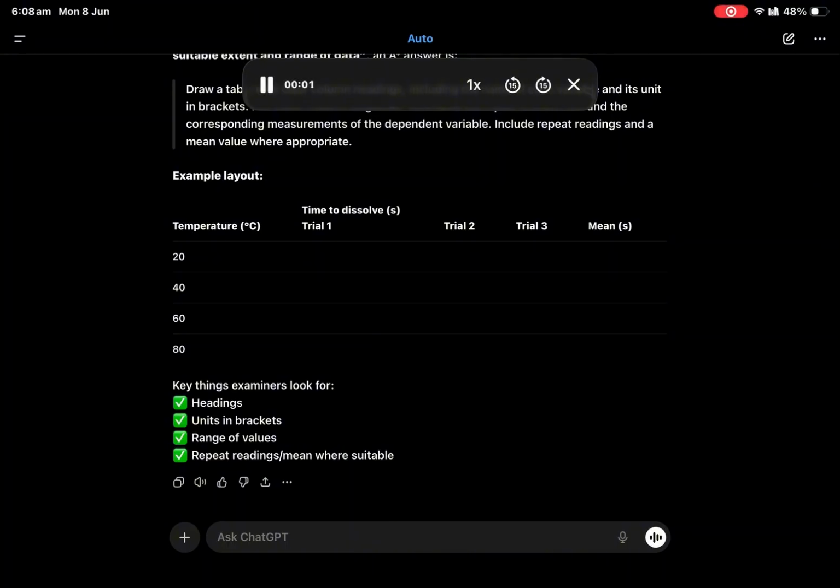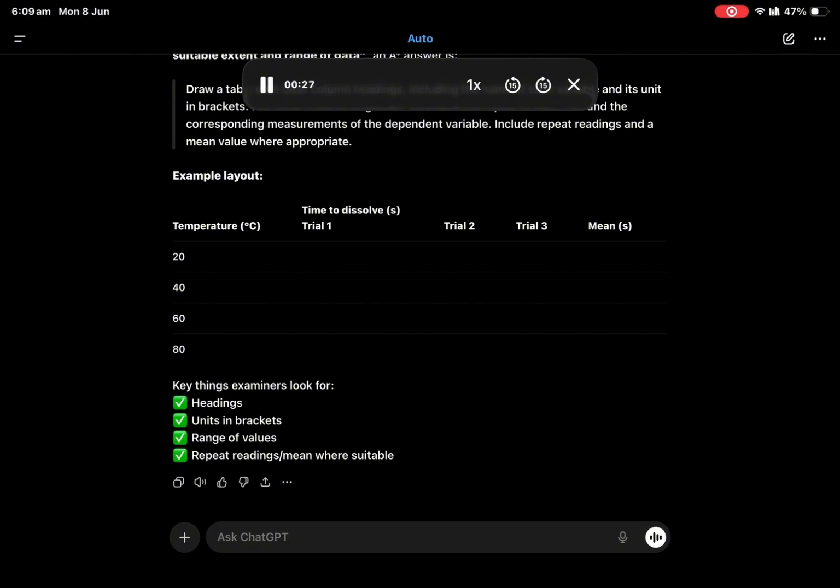Four, produce a results table with appropriate headings and units for recording a suitable extent and range of data. An A-star answer is: "Draw a table with clear column headings, including the name of each variable and its unit in brackets. Record a suitable range of values for the independent variable and the corresponding measurements of the dependent variable. Include repeat readings and a mean value where appropriate."